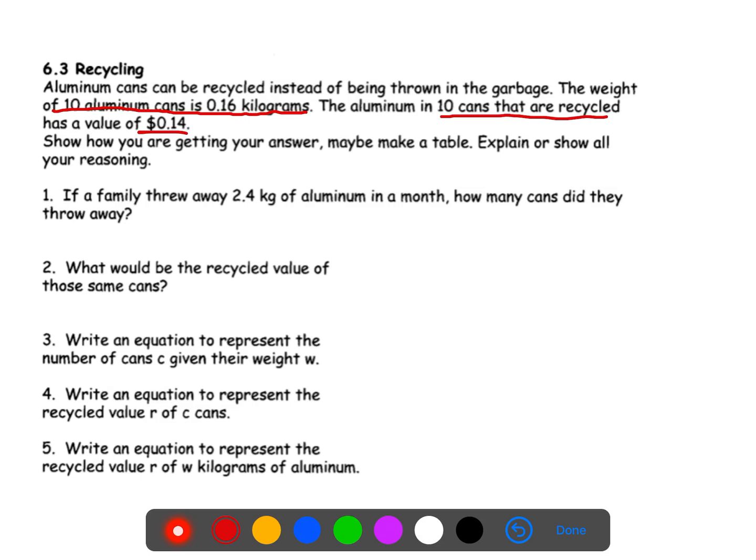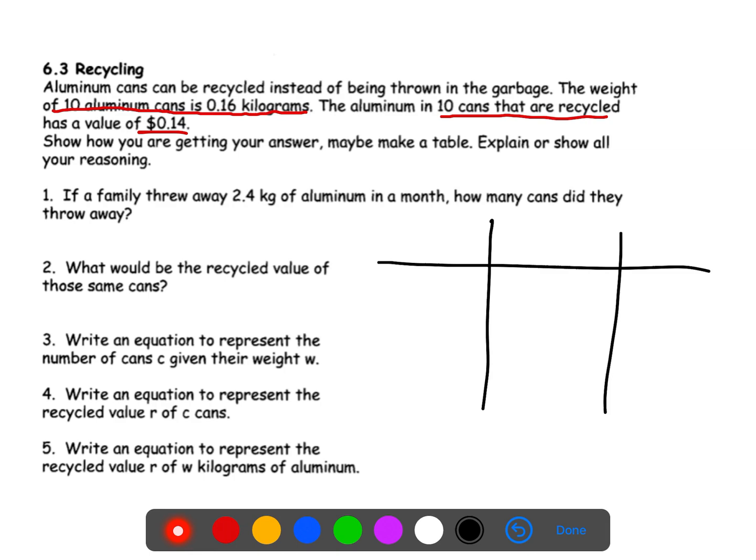So we could make a table that compares the three things that we're told here. We're told that we have a number of cans, in this case 10. We're told that the 10 cans have a certain weight, and we're told their value when you recycle them. So what I could do is make a big table with 3 columns and compare that way.